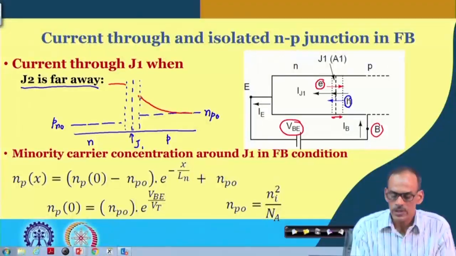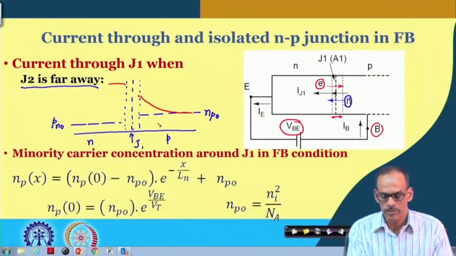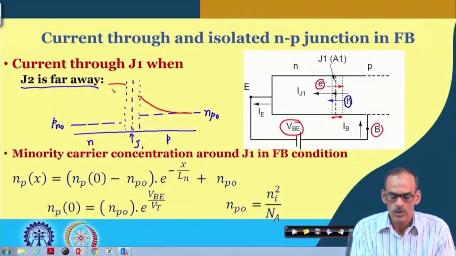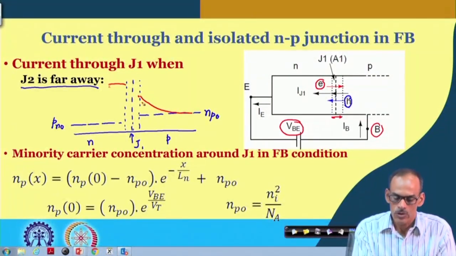If you see here, this exponential fall is coming due to two reasons. One is we do have majority carriers here, which are getting to a junction, and this junction is getting forward biased.